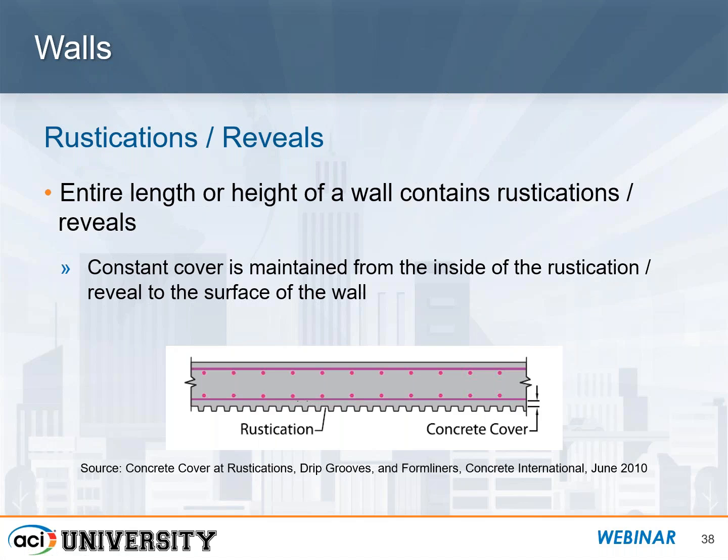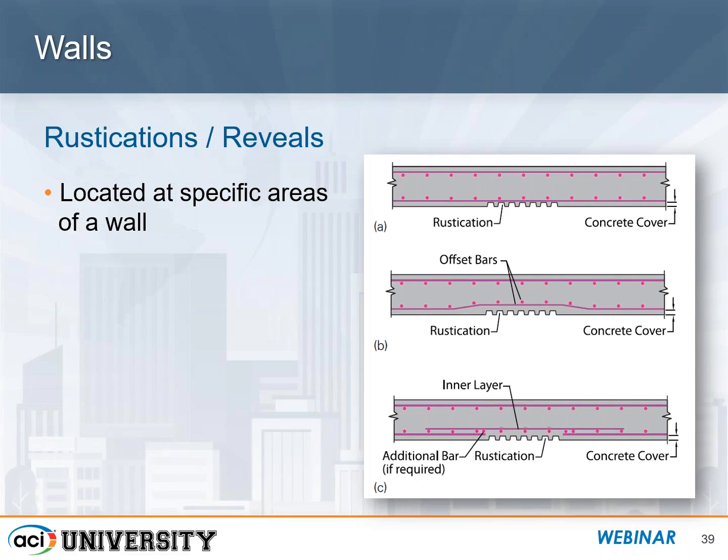Okay, that's pretty easy to take into consideration, especially if the architectural drawings identify this from the very beginning. Now, if the rustication occurs only over a portion of the wall, then you could start running into some cover issues if not done correctly.